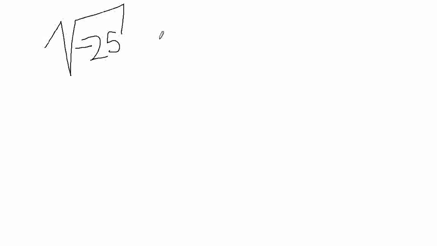So let me have you do some examples now. So what is the root of 0 and the root of 1? Pause the video if you need to and think about what these are equal to.